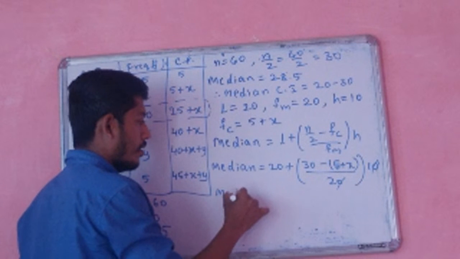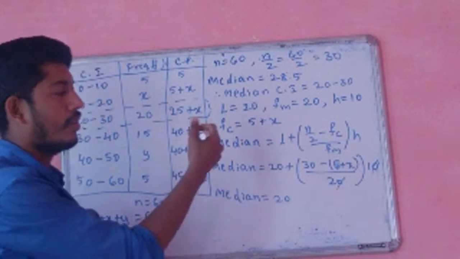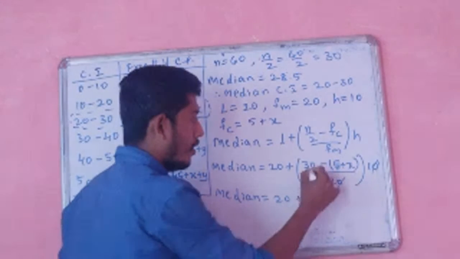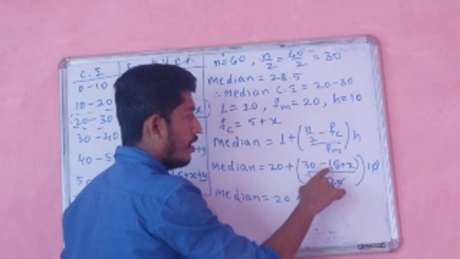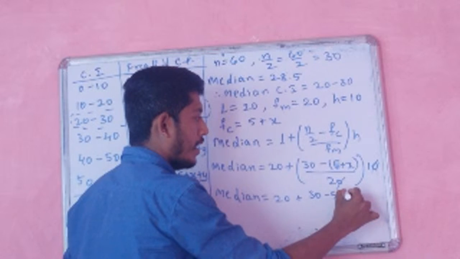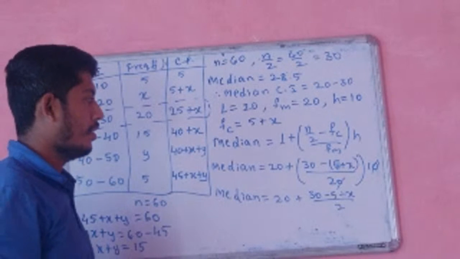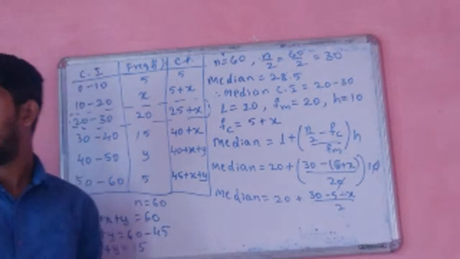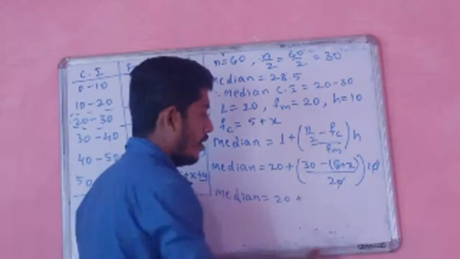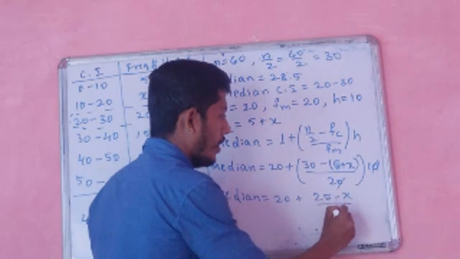Then median equals 20. I will keep this 20 as it is. First I will solve all the terms on the right hand side of 20. Plus 30 minus 5, then minus into plus, minus x, divided by 2. 30 minus 5 is 25, so it is 25 minus x divided by 2.